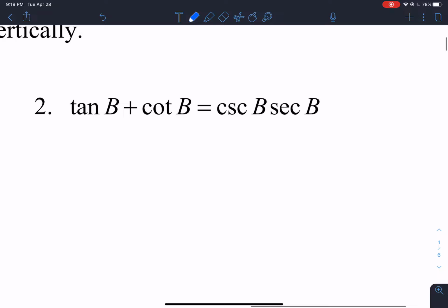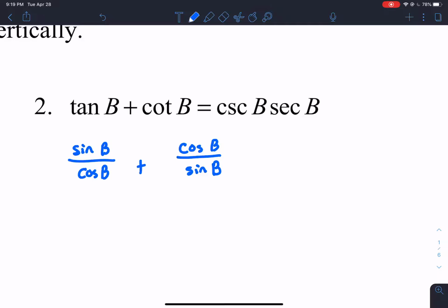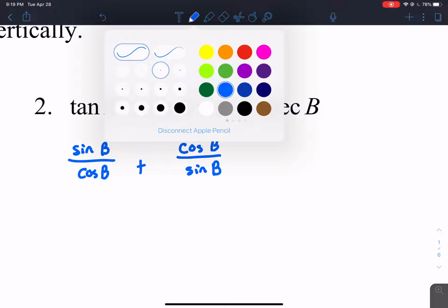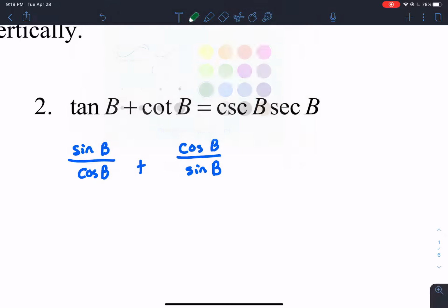Okay, so for number 2, again, I think it's easier to do the addition side than the multiplication. So we're going to do sine over cosine plus cosine over sine. We need a common denominator now, so I'm going to multiply this side by sine over sine, and this side by cosine over cosine.